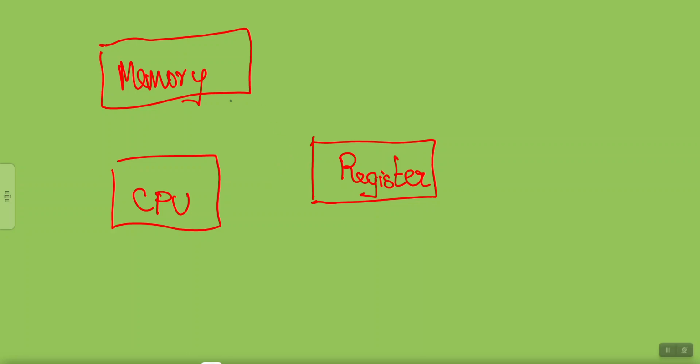To access this memory by this register, we cannot directly go and take the contents from the memory by the register. So here the register asks the CPU, and then the CPU will give the permission to access the memory.